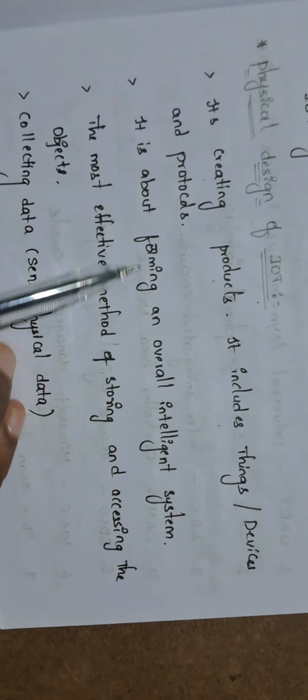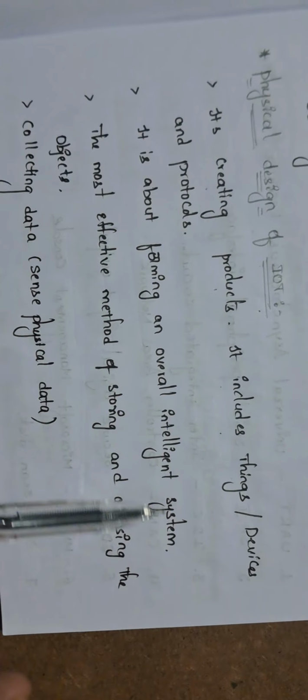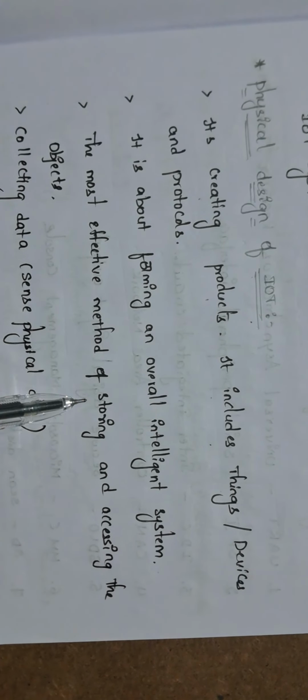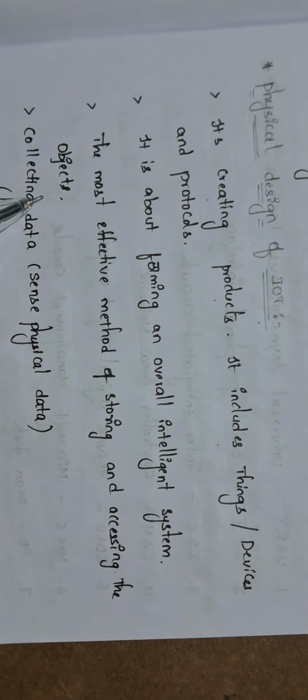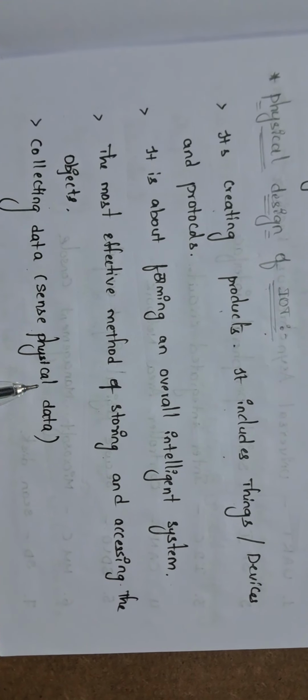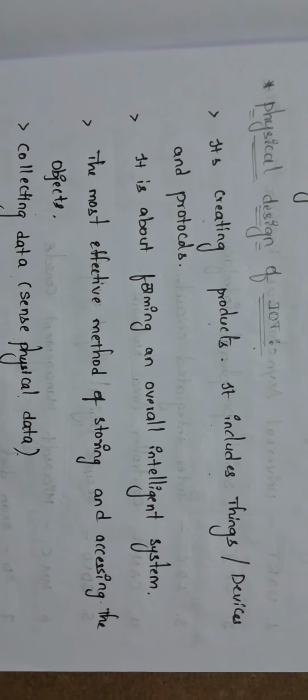It is about forming an overall intelligent system, with the most effective method of storing and accessing the objects and collecting the data. So the physical design of IoT is creating its own products, like things or devices, as per the given protocols.